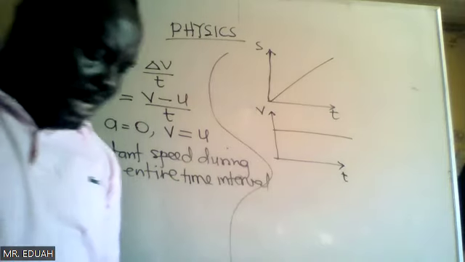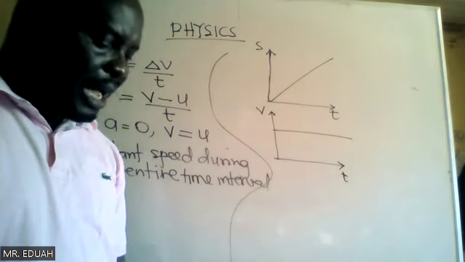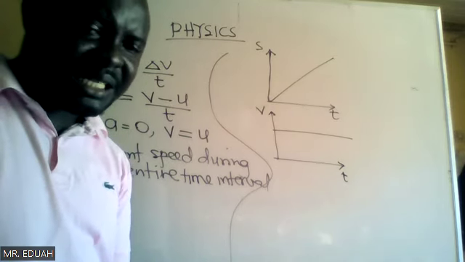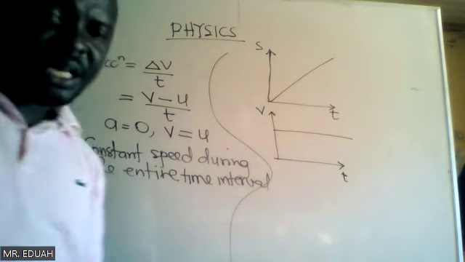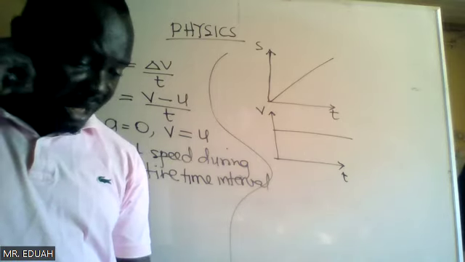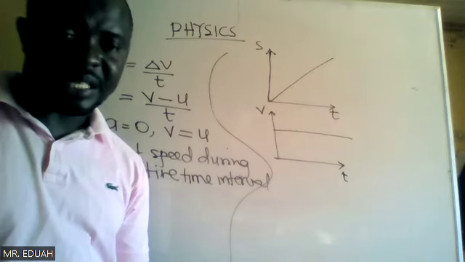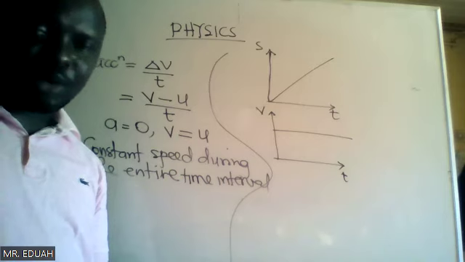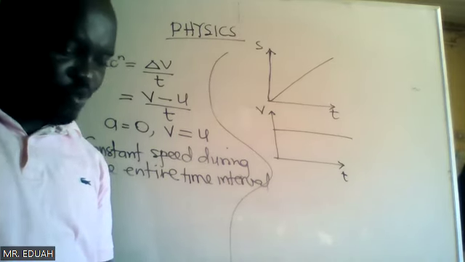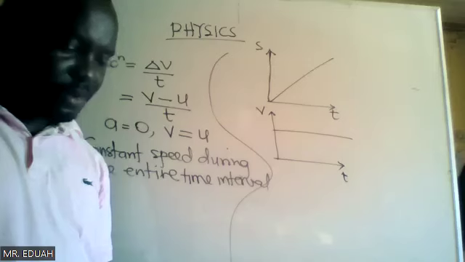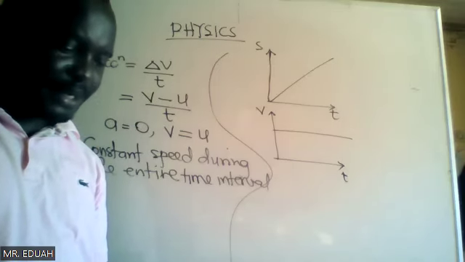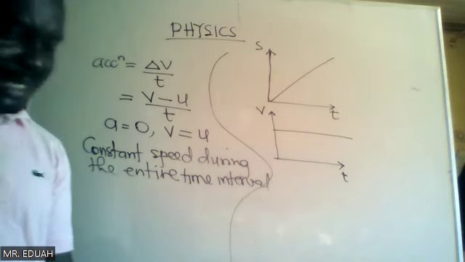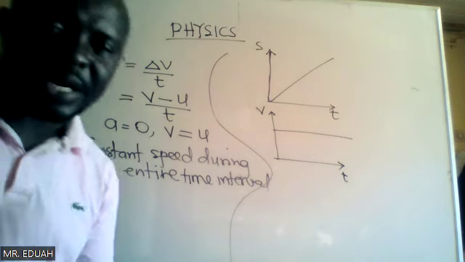Let's look at the various options. Answer 1 is out of the equation because answer 1 indicates that the body is at rest or stationary.